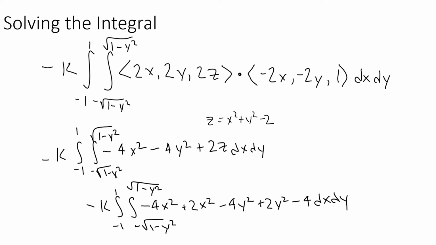We find an integral in terms of x, y, and z, but we don't have a dz component. We're integrating in terms of x and y, so we substitute in our equation for the bottom of the duck, z equals x squared plus y squared minus 2. So we find everything in terms of x and y, since that's what we're integrating in terms of. And all of our bounds for the integral were found when we were finding our duck surface.